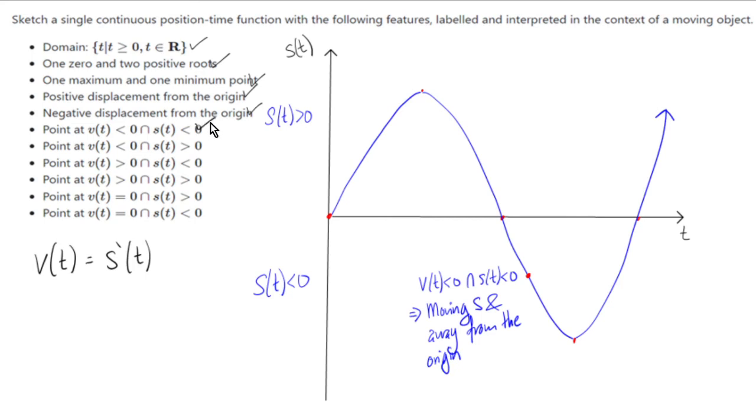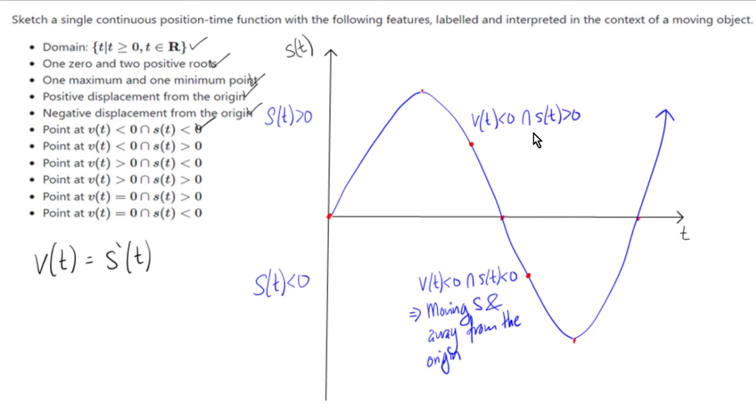The next point, we want the velocity to still be negative, but this time we want the position time function to be positive. So that will be right here. The velocity or the slope of the position time function at this point is negative, and the position time function itself is positive. So we would say that the velocity at time t is less than 0, and the position time function is positive.